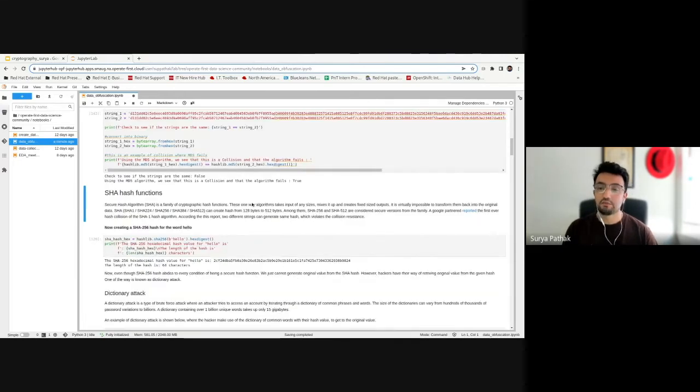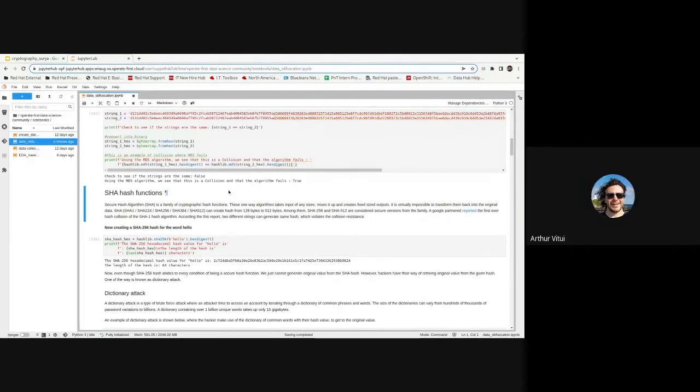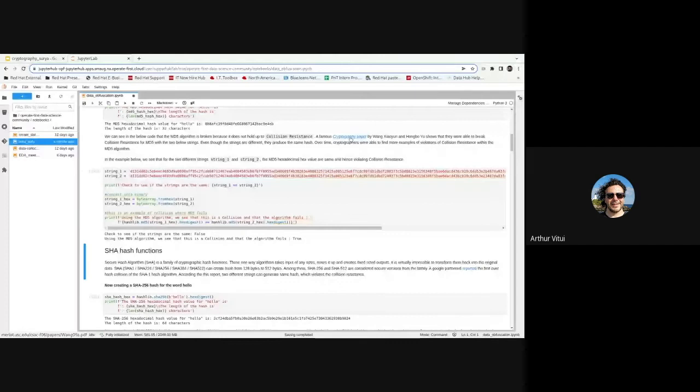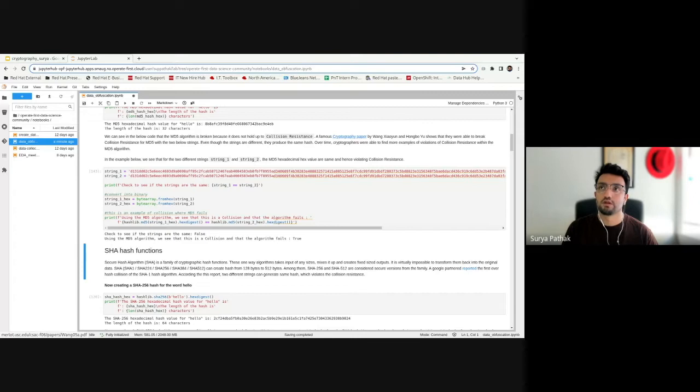Another secure family of hash functions is the Secure Hash Algorithm. It has SHA-1. Yes, Arthur? Did the paper that you mentioned earlier also publish the method they used to find these two strings that produce the same hash? I don't think they published a method.